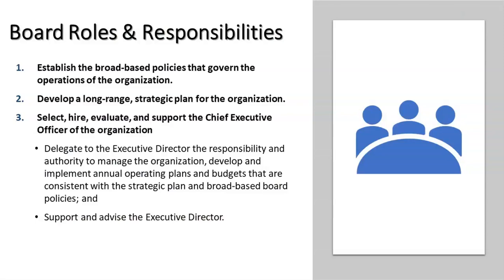We also select, hire, evaluate, and support the chief executive officer of the organization, whether it's the executive director or the CEO. And we delegate to him, her, or they the responsibility and authority to manage the organization and develop and implement annual plans and budgets that are consistent with our plans and our policies. And we serve to support and advise the executive director.